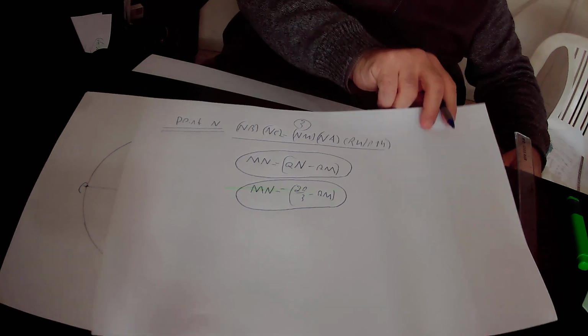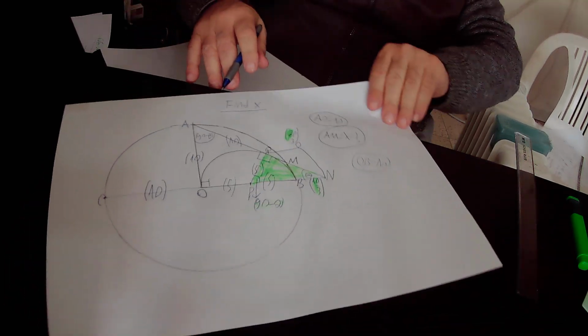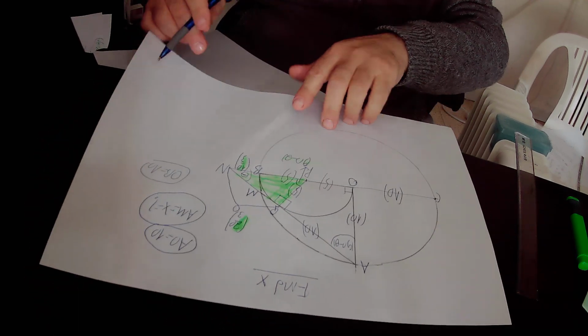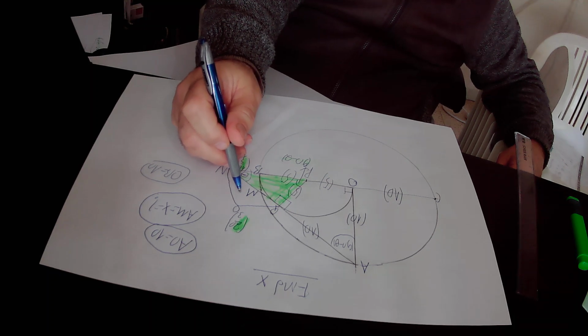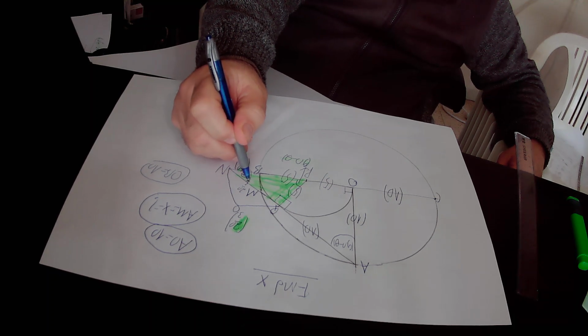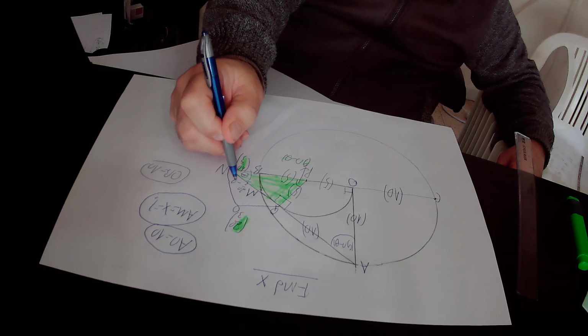I write it down: this line segment MN is equal to 20 over 3 minus QM in its length.